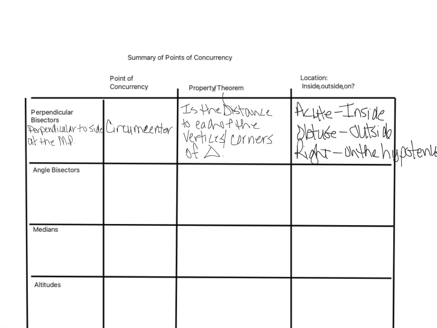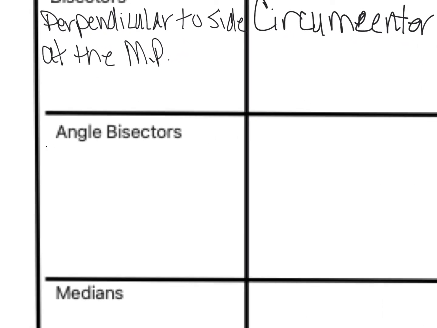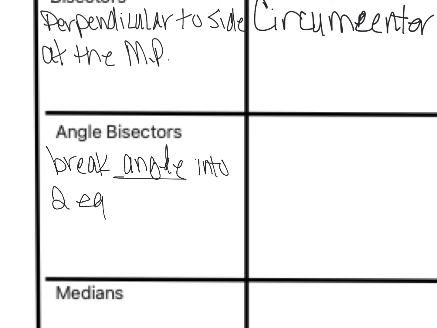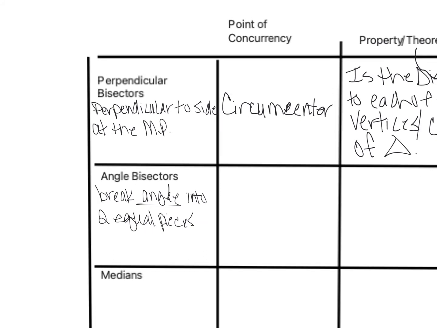Okay, so then we went and we learned about angle bisectors. Just remember that an angle bisector breaks an angle into two equal pieces. And we learned that the name of that point of concurrency was the incenter.